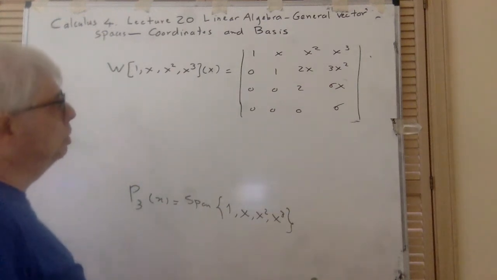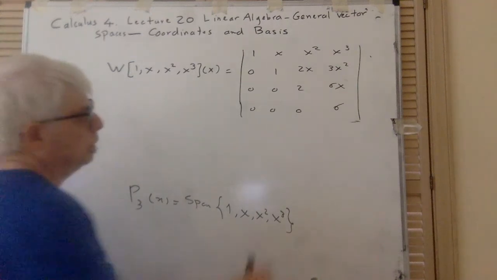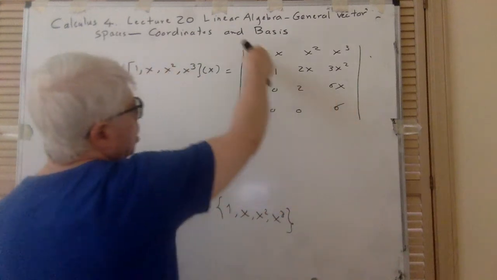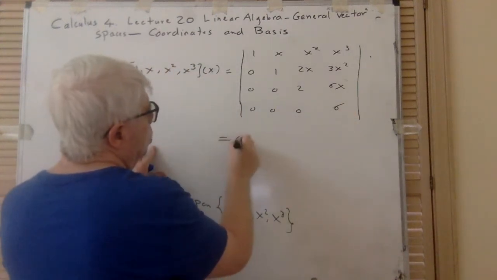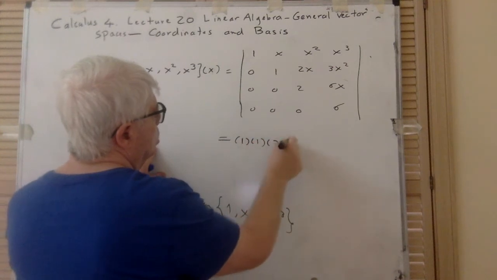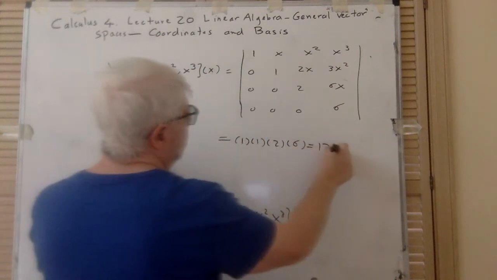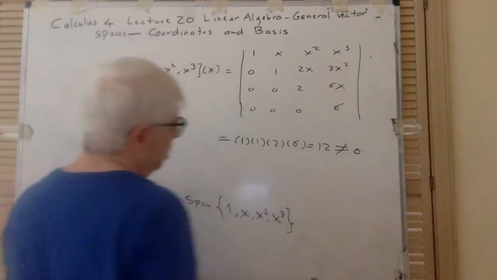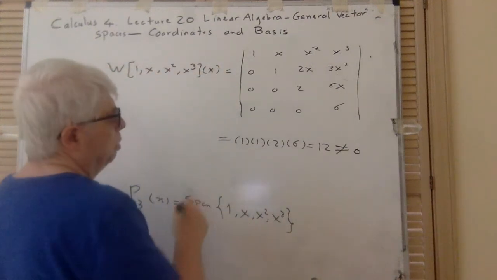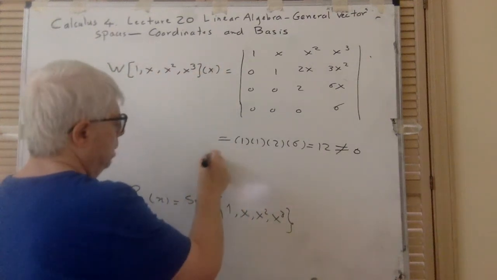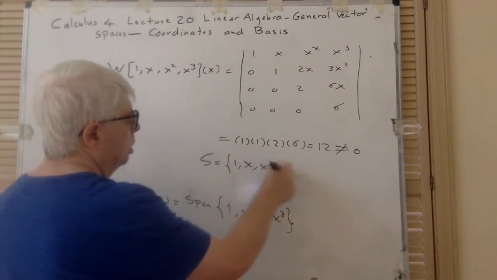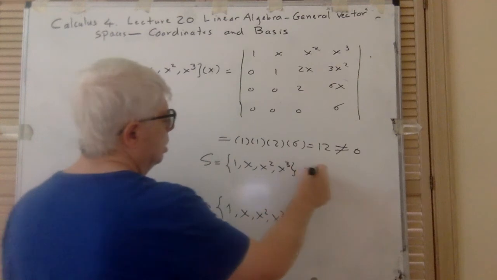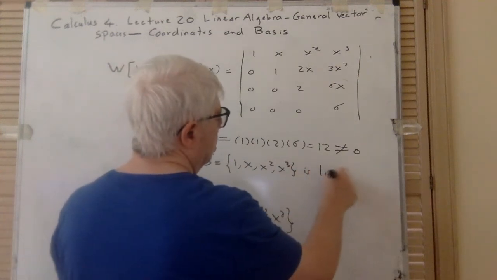Isn't this beautiful? This is an upper triangular matrix, right? An upper triangular matrix has determinant equal to the product of the diagonal entries. So it is 1 times 1 times 2 times 6, which is 12. It is not 0. So these vectors are linearly independent. So S equals {1, x, x squared, x cubed} is linearly independent.